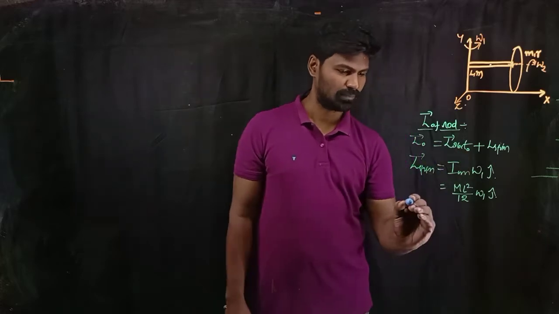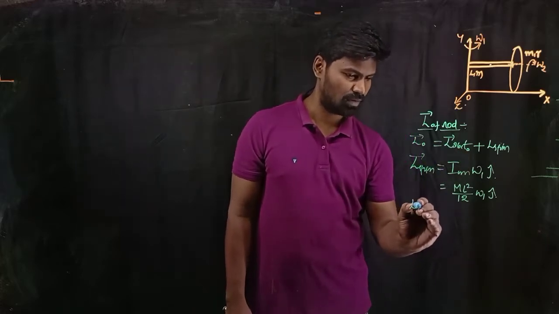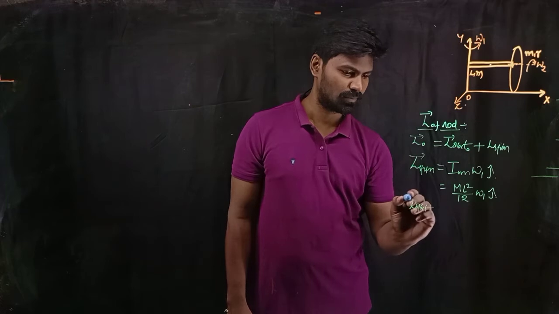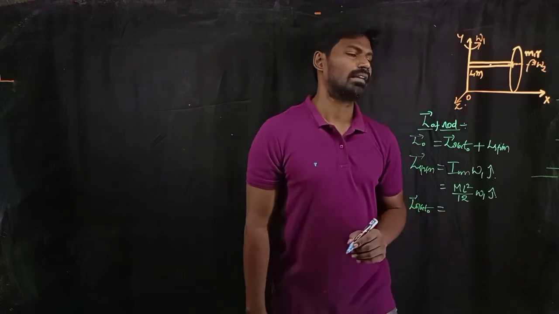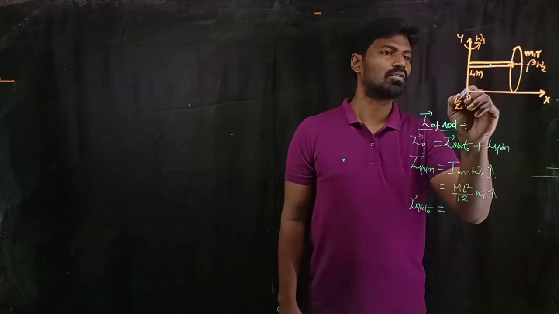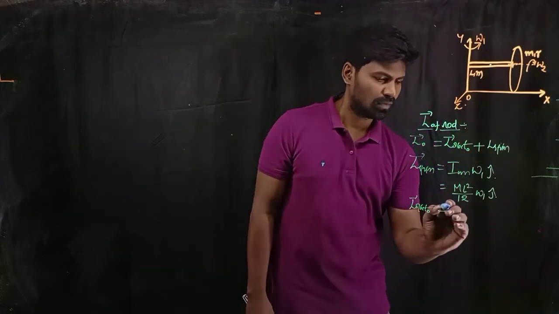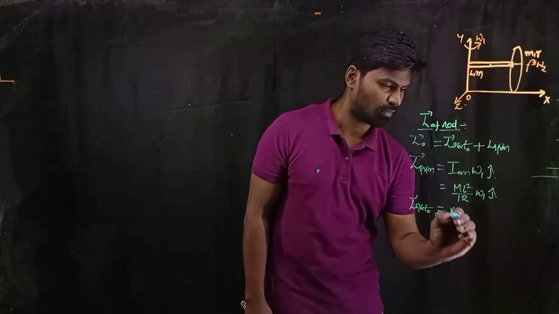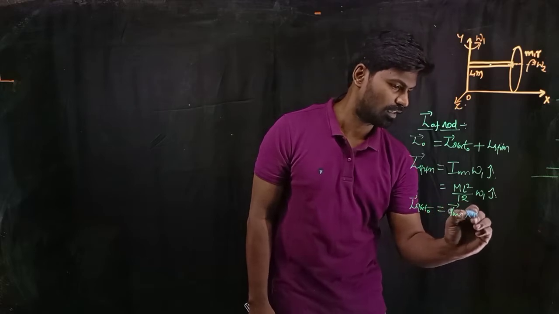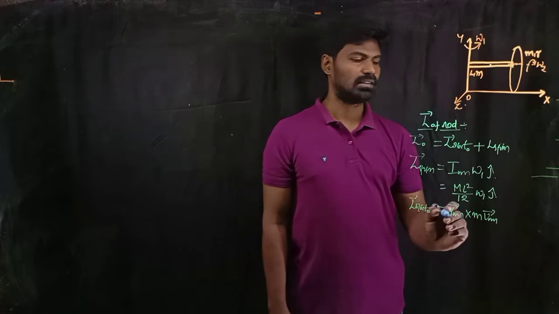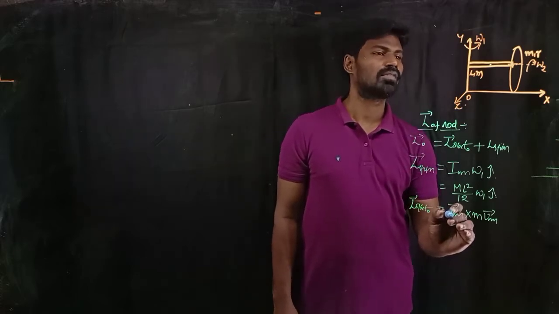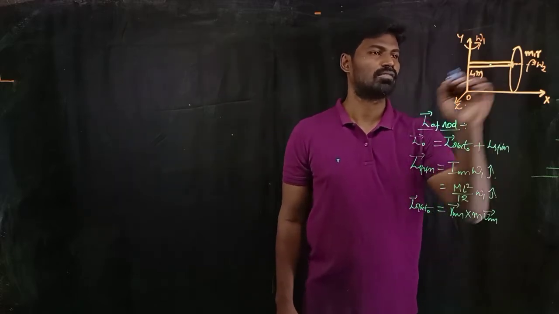Next is calculating orbital. L orbit with respect to O is equal to, what can I write here? With respect to O, I am calculating R center of mass cross m into V center of mass. To calculate this, we need coordinates of center of mass of rod.